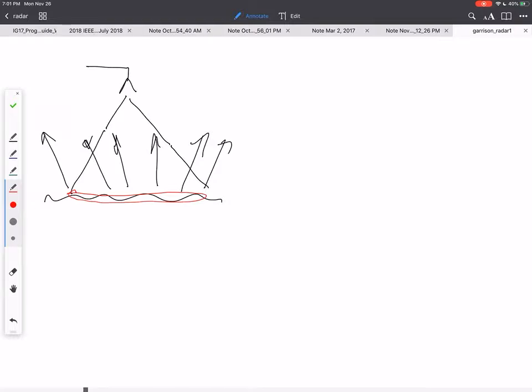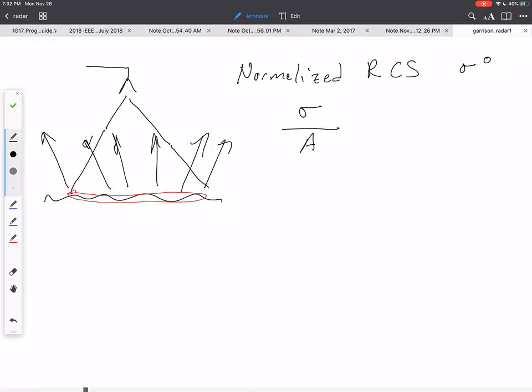So in this type of case, we might use what's called the normalized radar cross-section, and that's sometimes given by a sigma naught. And that is basically the radar cross-section divided by some area that I'm illuminating here.